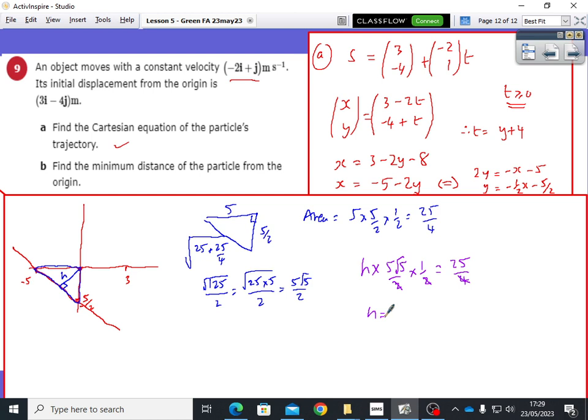So h would equal 25 over 5 root 5. How many 5's in 25? 5, so you get 5 over root 5. And you can do another trick here. You know that 5 is the same as root 5 times root 5, and you can cancel one of these root 5's out, so h will equal root 5. Okay, so the minimum distance to the origin is going to be root 5 units.